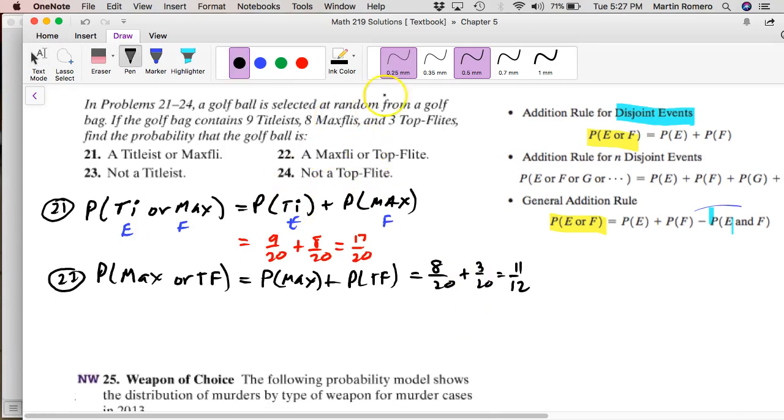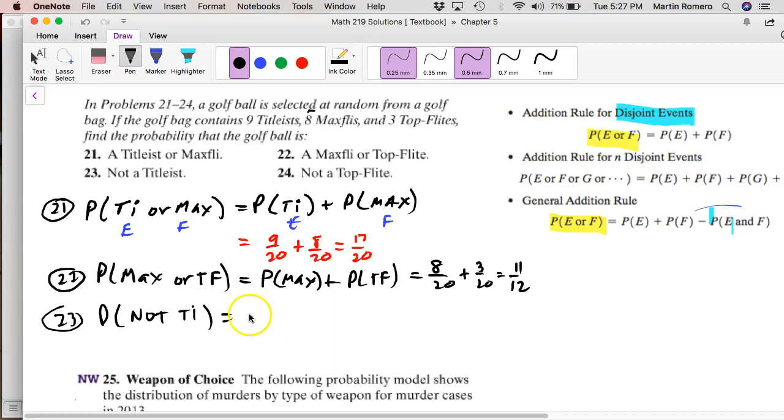23. I'm going to start abbreviating a little bit more. 23, probability of not a Titleist. So this is going to be what's called the complement. I'm looking for everything that's not. There are 2 ways to think about it. Not Titleist means there are 8 and 3, so there's 11 that are not Titleists.